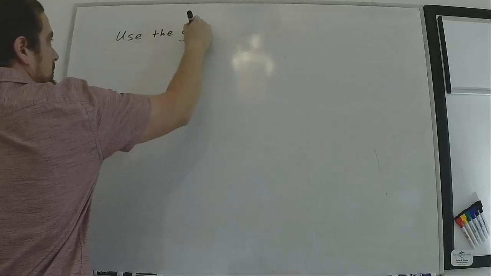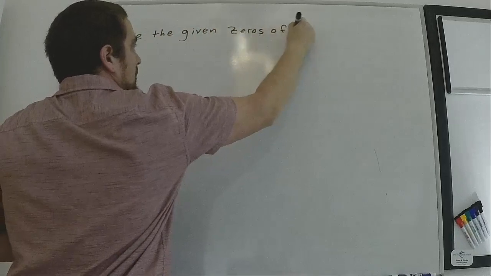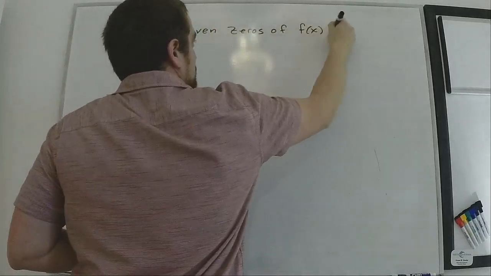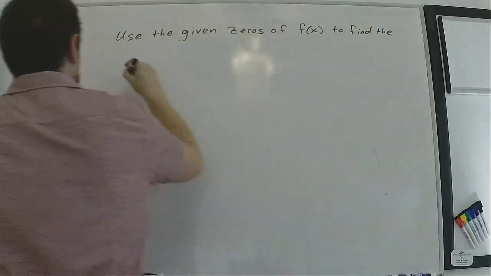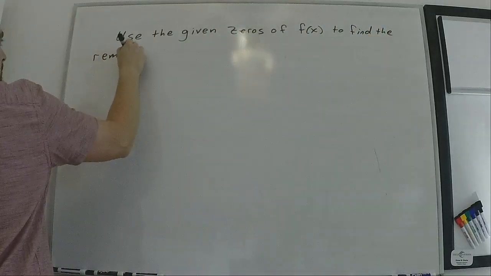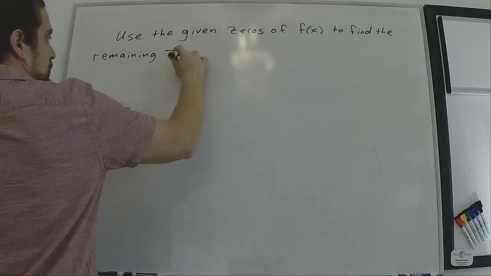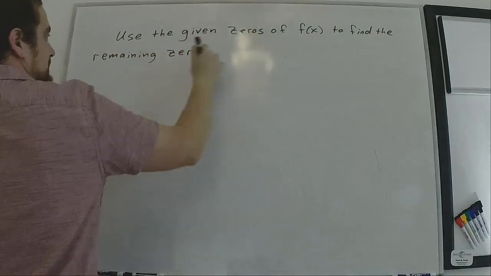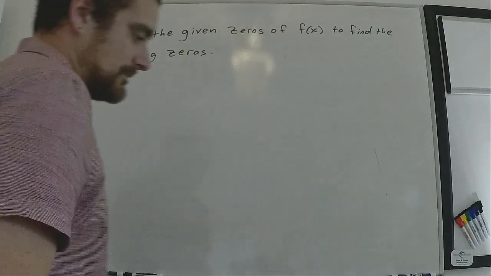So let's start with: use the given zeros of f of x to find the remaining zeros. And that means all of them, not just the real ones, but complex ones, all their conjugates, etc. So use the given zeros of f of x to find the remaining zeros.